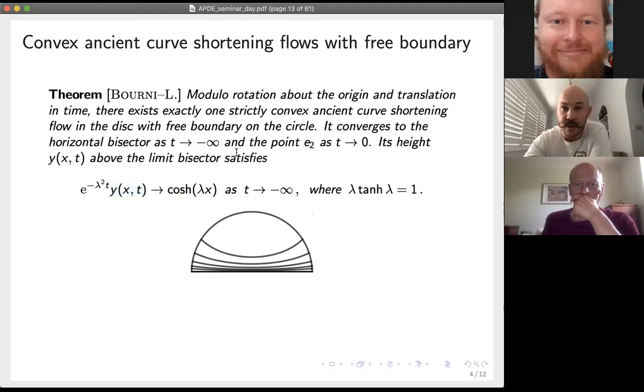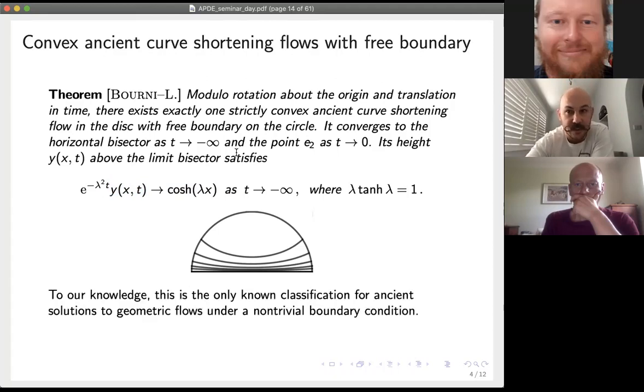So I'll hopefully be able to give you more or less the whole proof of this in this talk. Also, this is sort of a toy model result. Basically, to our knowledge, we don't know of any other results for ancient solutions to geometric flows under a non-trivial boundary condition. So we're looking at the higher dimensional case. I think there's a lot of interesting things to think about there. But I think this is a nice place to start.